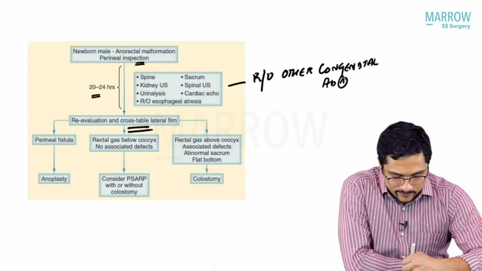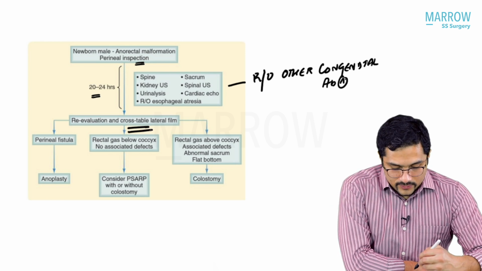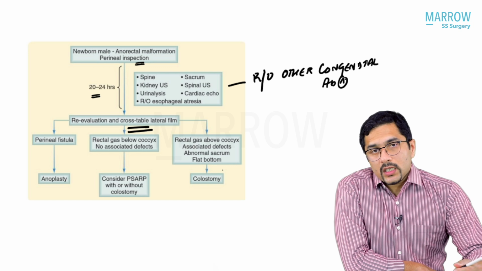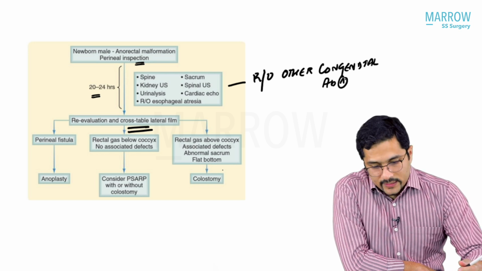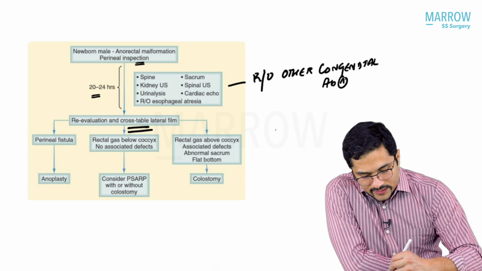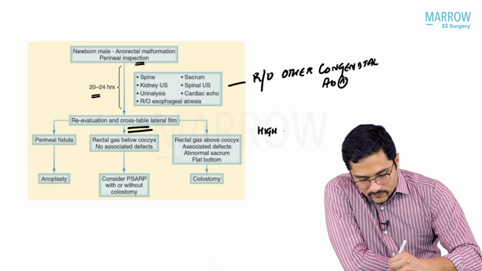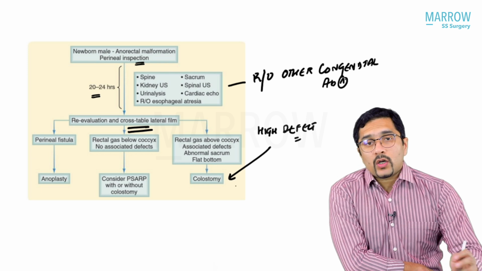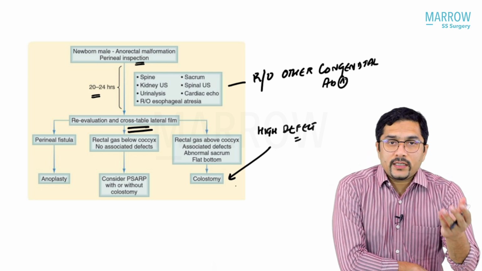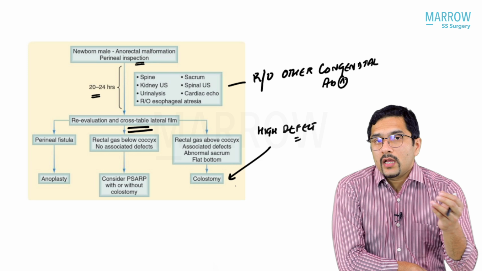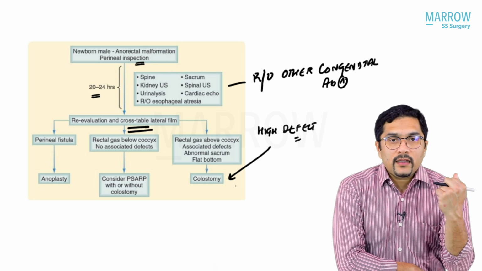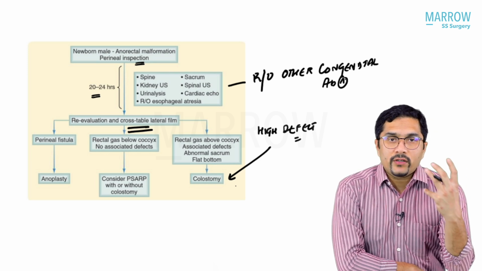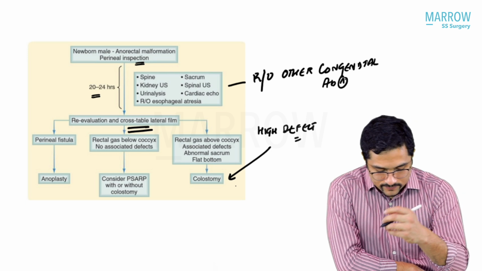We do a cross table film, right, and based on the problem we proceed further in these patients. If it is a high defect, we usually do a colostomy and then the definitive surgery is done in the second stage. But if it is a low abnormality, then a single stage definitive surgical procedure can be done.